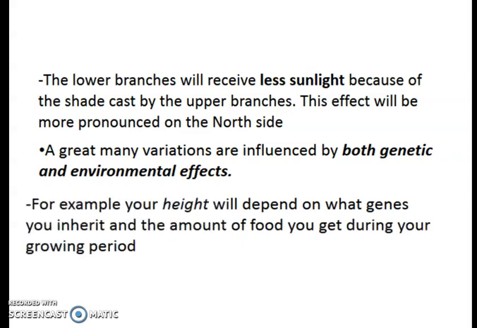For example, human height will depend on what genes you inherit and the amount of food you get during your growing period. So these variations will be both genetic as well as environmental, because the food that you consume also plays a role in the height of the person.